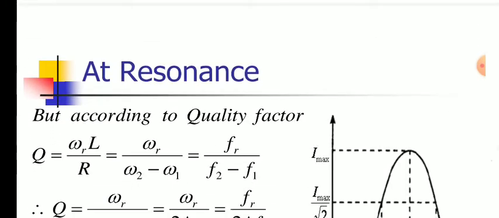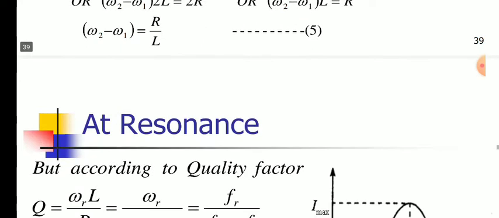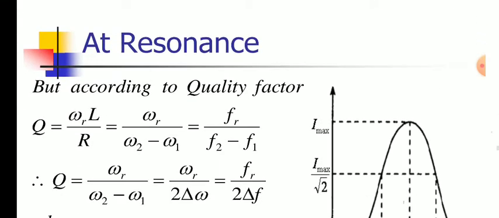According to the Q factor, that is the quality factor, Q is equal to omega R into L divided by R. From equation number 5, R by L is equal to omega 2 minus omega 1.